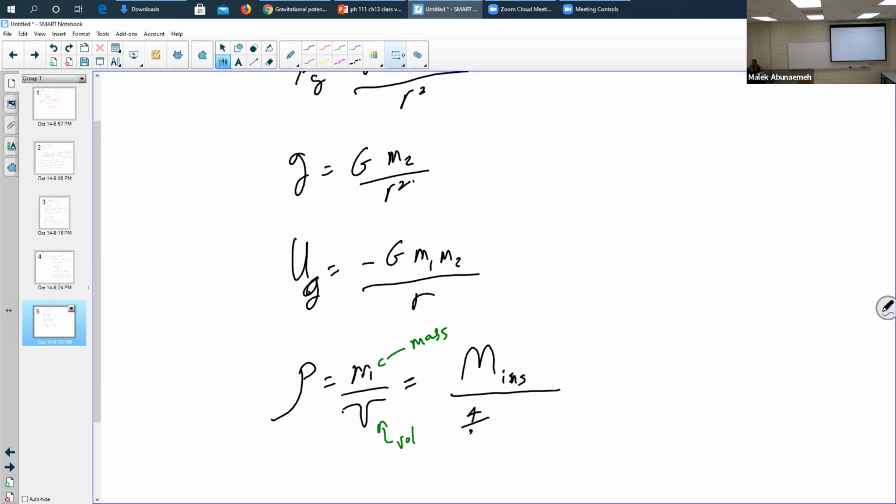So the volume of the sphere is 4/3 pi r cubed, which is going to equal the mass of the Earth itself divided by 4/3 pi R cubed.